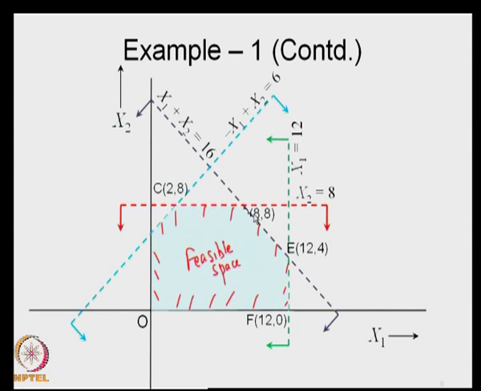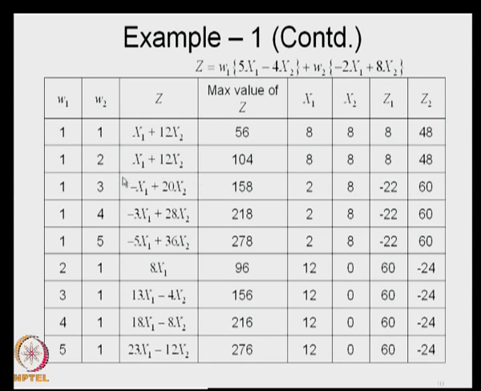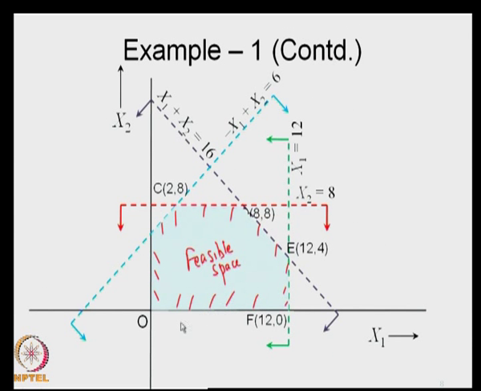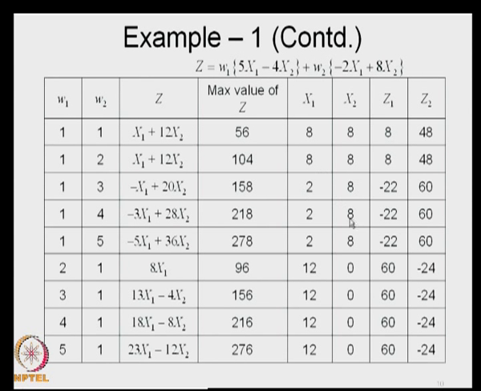So, the optimal solution was 8 for w1 equal to 1, w2 equal to 1. When you change the weightage to 1 and 2, you still are at 8. When you are changing it to 1 and 3, you went to 2 and 8. From this point, you move to this point. Like this, you move from one point to another point, then you go to 12, 0 and so on.